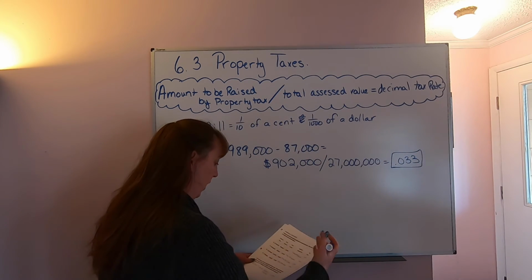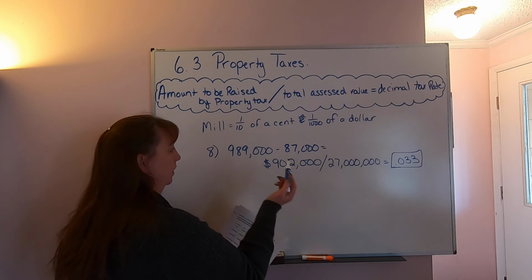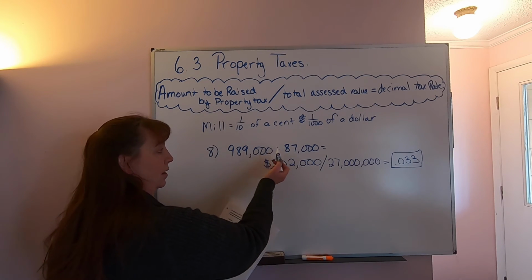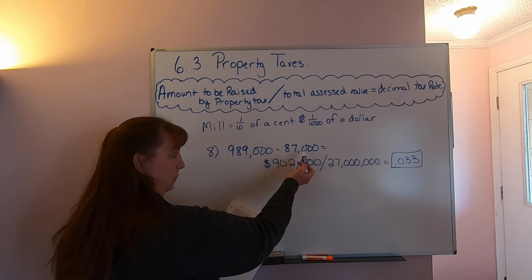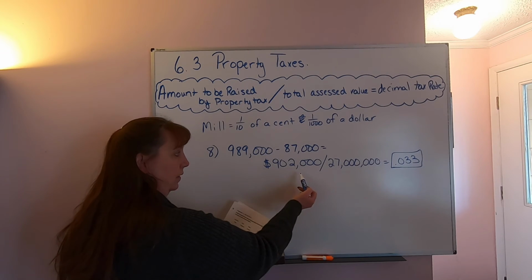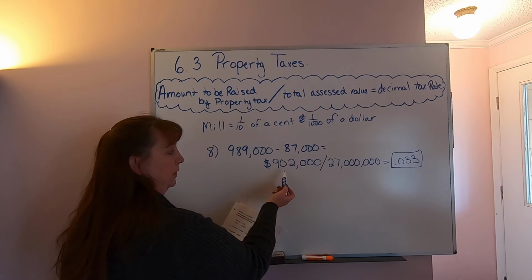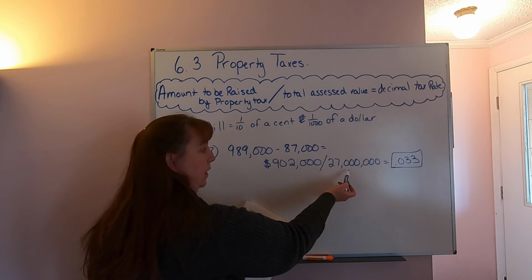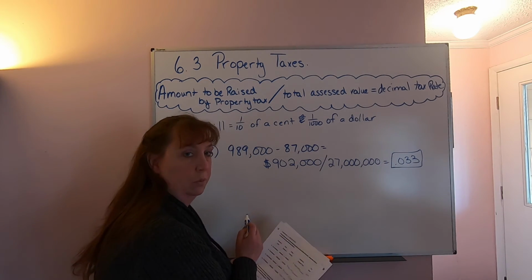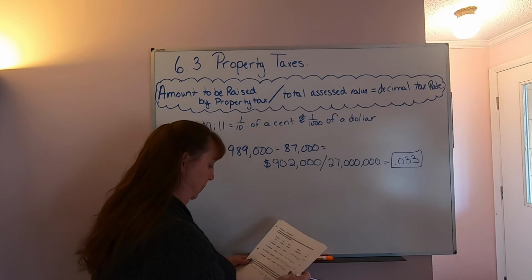So in questions 8 through 11, you're going to take the total expenses minus the other income, get the difference, which is what you need to raise in property tax, and divide it by the assessed value. That will give you your tax rate, 3 decimal places out.